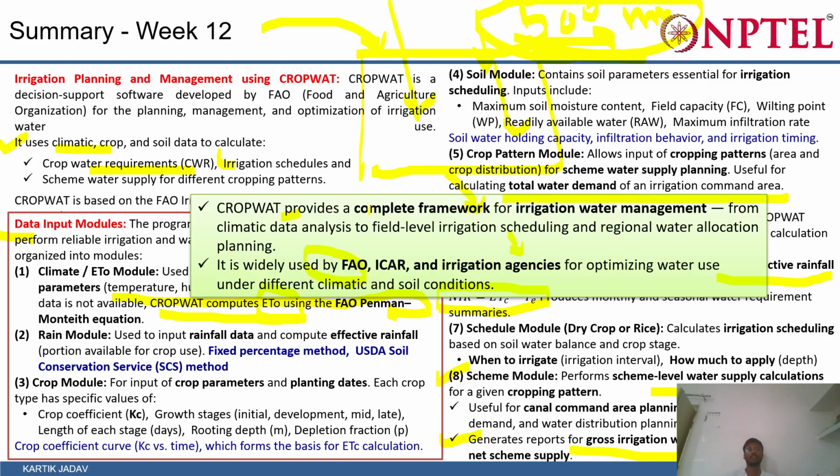So overall, CropWat provides a complete framework for irrigation water management by taking multiple climatic as well as hydrological properties, and it is widely used by the Food and Agriculture Organization, ICAR, that is Indian Council of Agricultural Research, and irrigation agencies to optimize water use under different climatic and soil conditions.